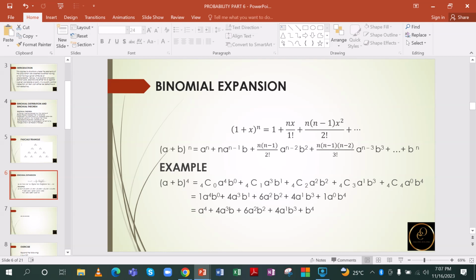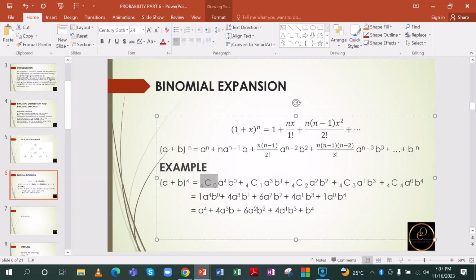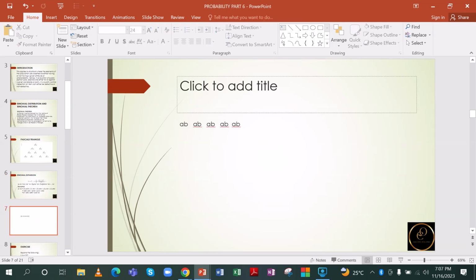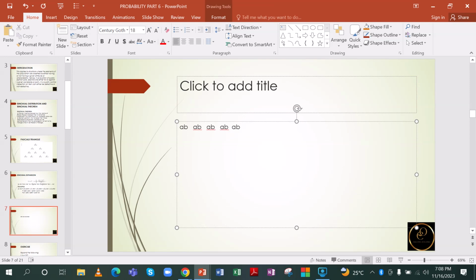So you calculate this combination. You remember the formula for combination. You can write combination this way if you want. Meaning r is 0, n is 4.